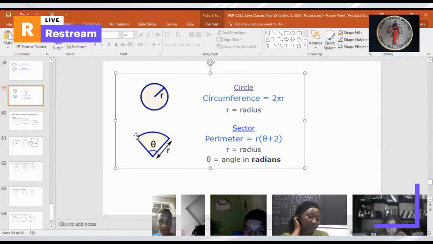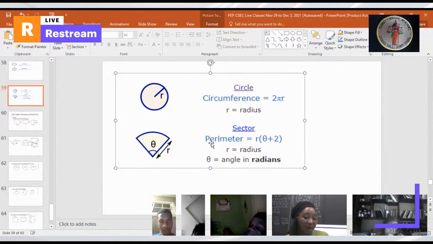So basically you would use the same 2 pi r, but you would multiply that by theta. They say theta is the angle in radians. But for our purposes, we don't use radians, we use degrees. So you'd multiply it by the degree that the angle subtends over the full 360.